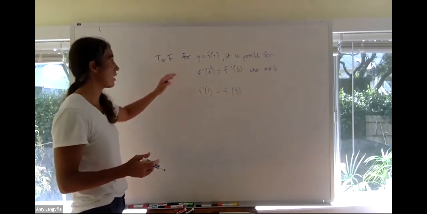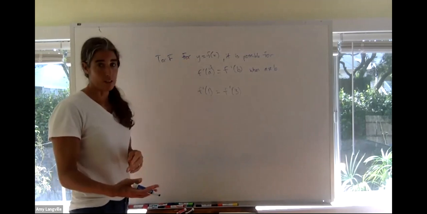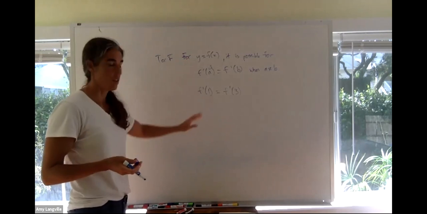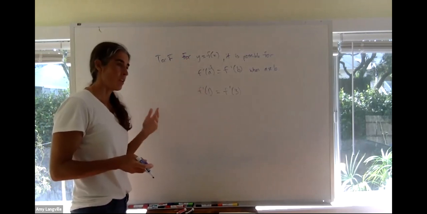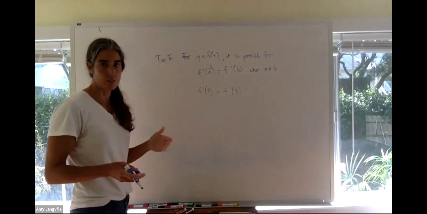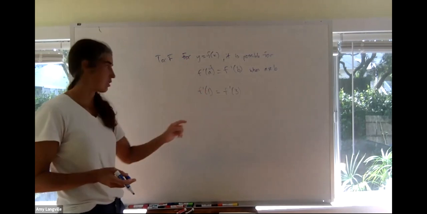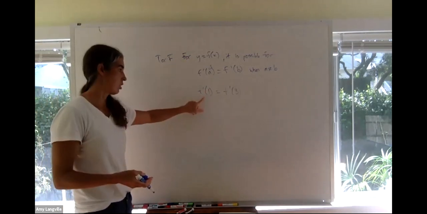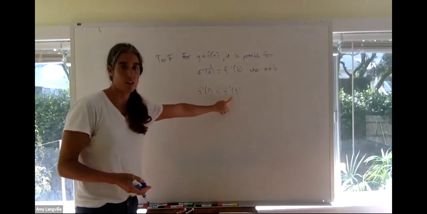Okay, so it's really saying, for a function, is it possible at 2 different x values to have the same derivative? All right, well, what does derivative mean? We've got this notation, f prime. The derivative is a function, but it also means a slope of a tangent line, or an instantaneous rate of change. I think the one that's most helpful here is the slope of the tangent line. It's saying when x is 1, the slope of the tangent line at 1 is the same as the slope of the tangent line at 3.